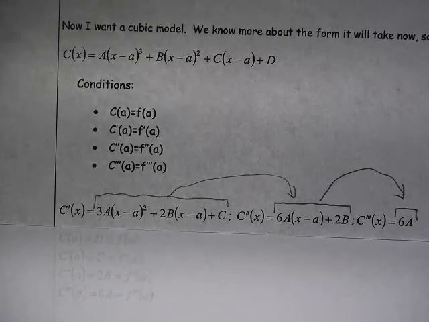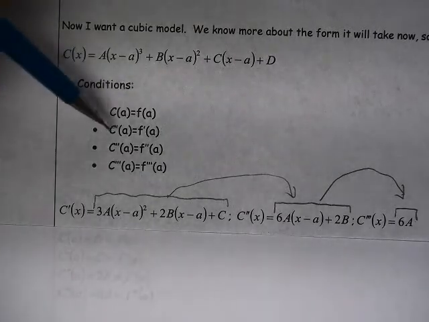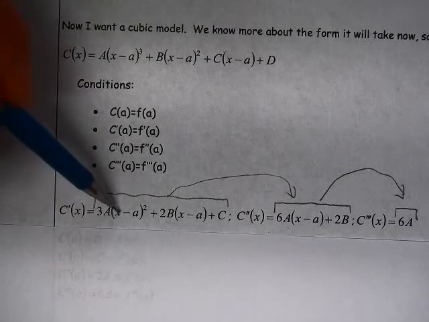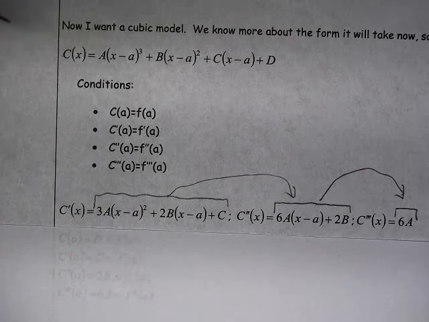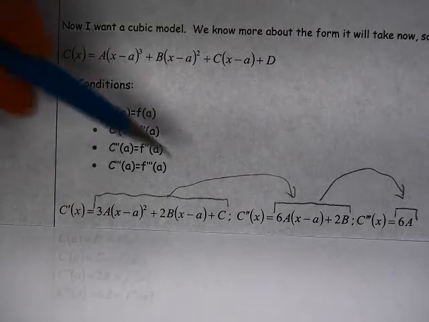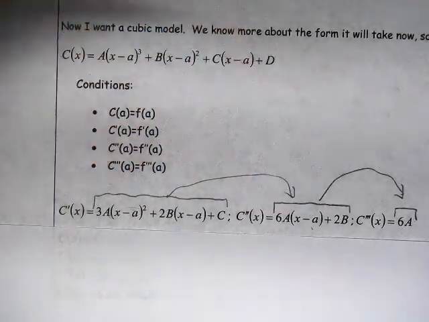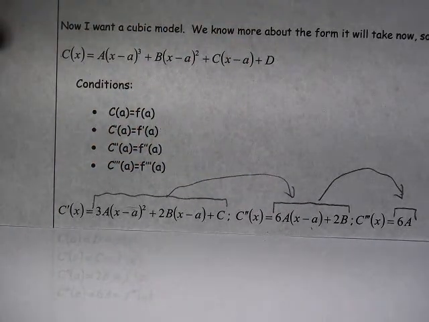The nice part about this now is, when we set the derivatives equal at x equals a, these x minus a terms make things a lot easier, because when x equals a, the quantity in any of those parentheses with the x minus a is always going to equal 0.